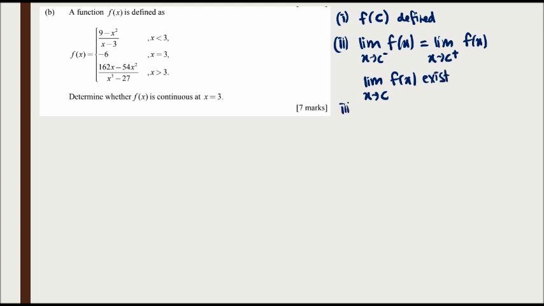The third condition is that f of c must have the same value as the limit of f(x) as x approaches c. So these are the three conditions we need to check. Let's check them one by one for the continuity of f(x) at x equals 3.